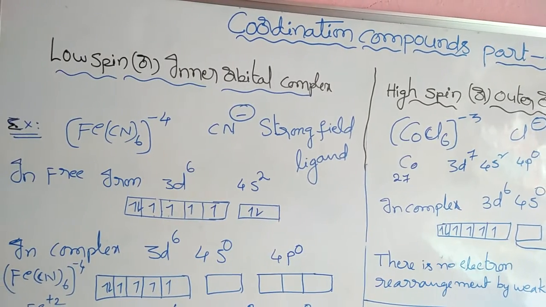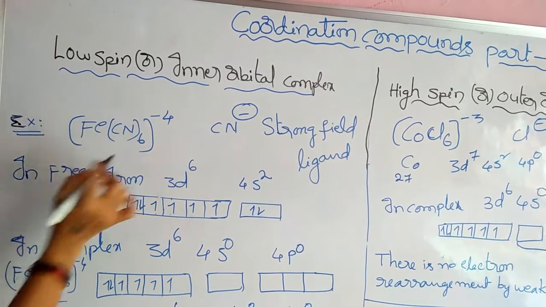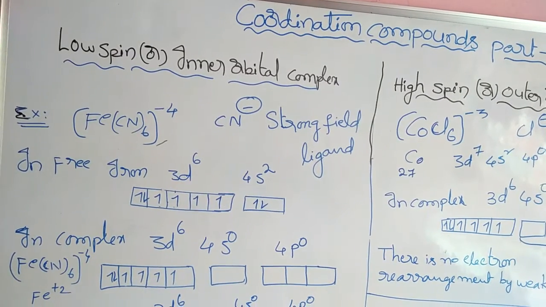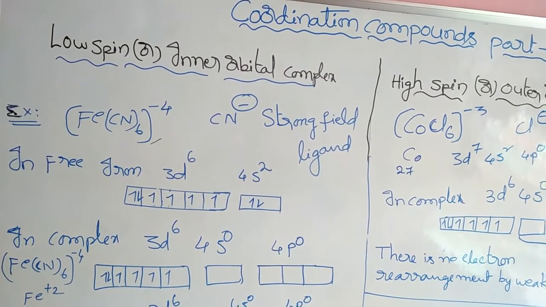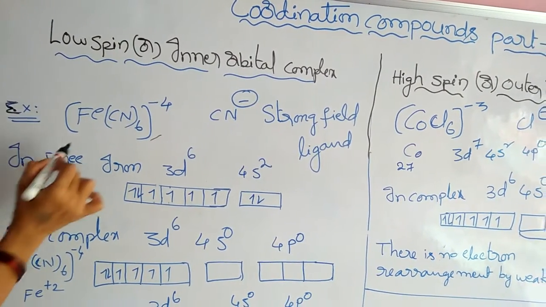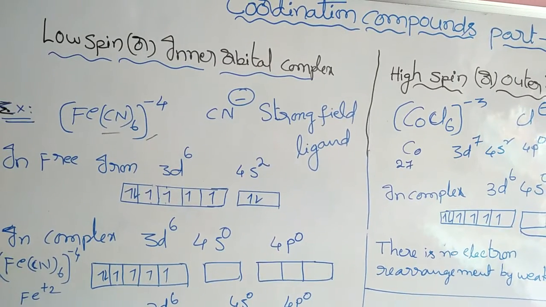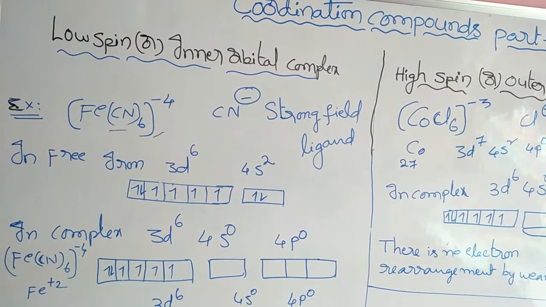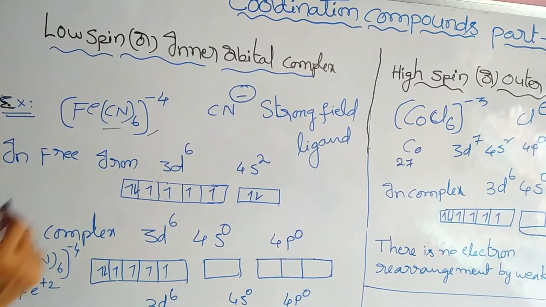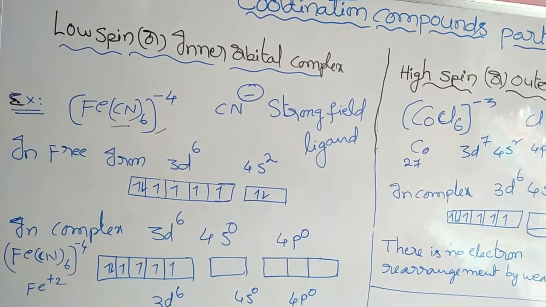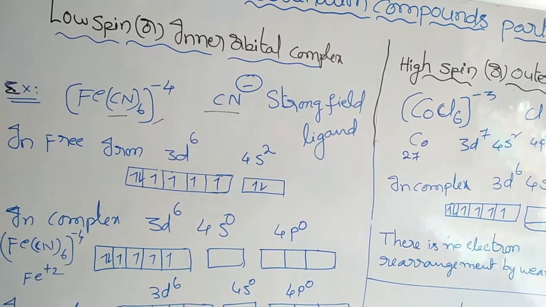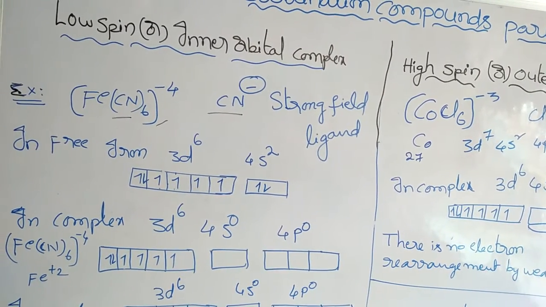For example, Fe(CN)6 4 minus. This is the ferrocyanide ion. Here cyanide ions are there in the complex. This ligand we have to call cyano.